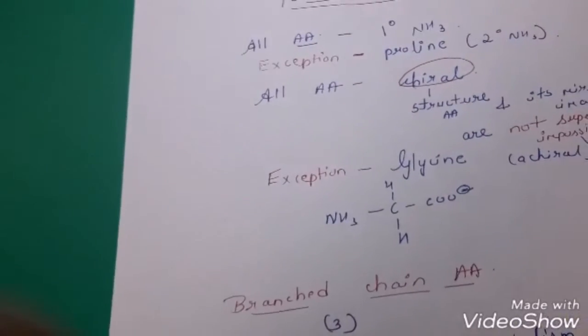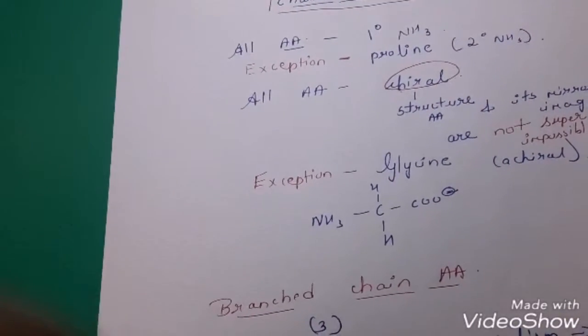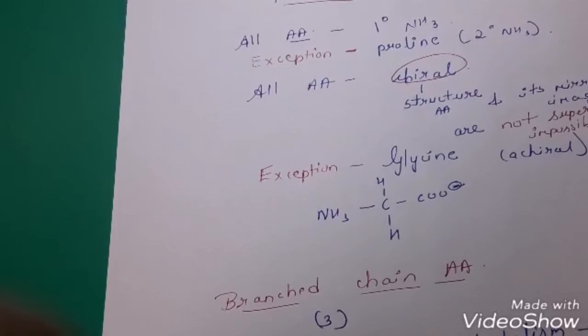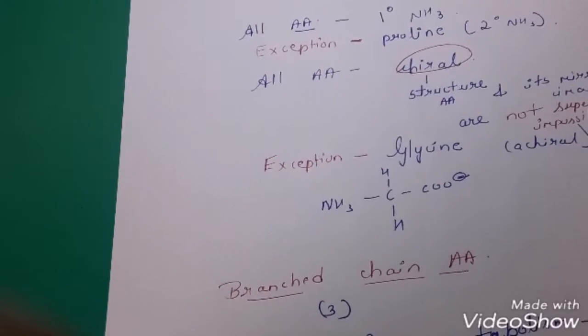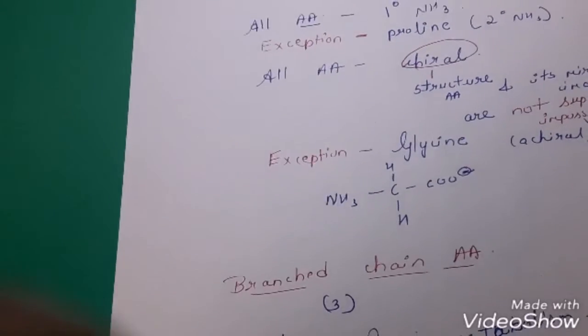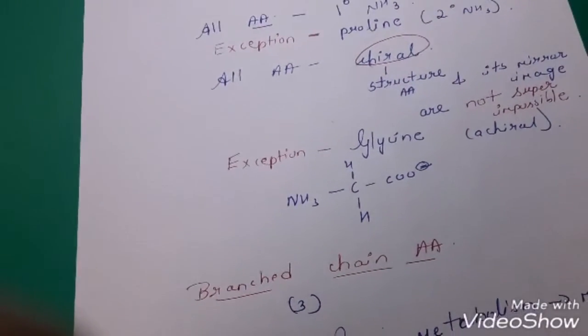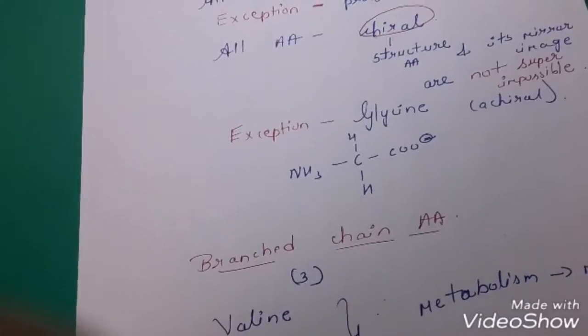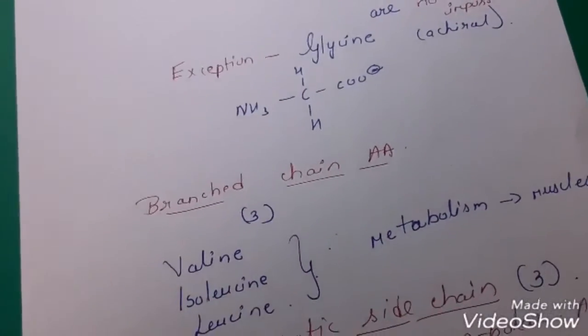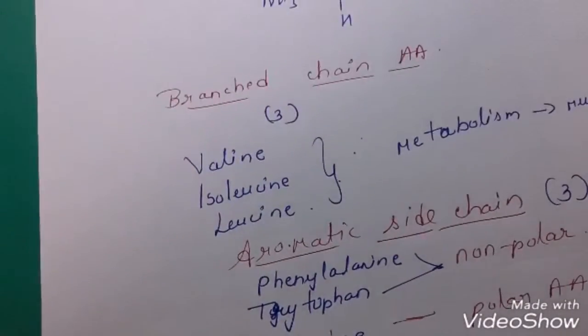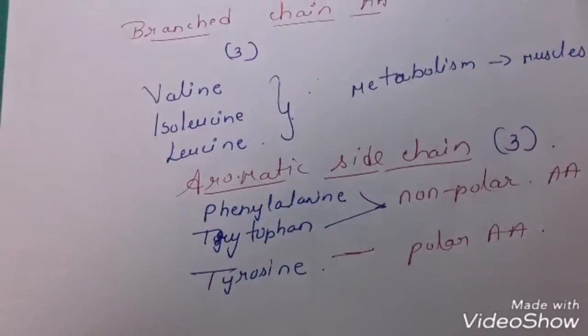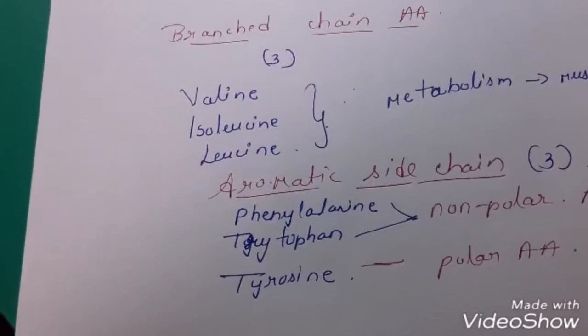Okay, so after this we saw a few characteristics of amino acids. All amino acids have a primary amino group. Only exception here was proline. Next we saw that all amino acids are chiral. Exception for this is glycine. Further we saw branched chain amino acids, which are 3: valine, isoleucine and leucine.